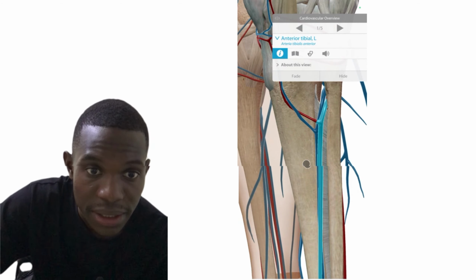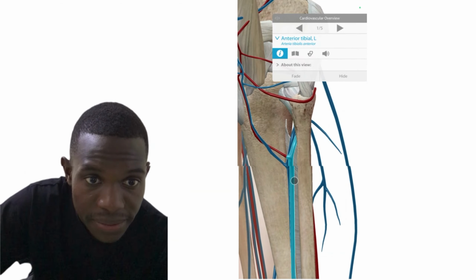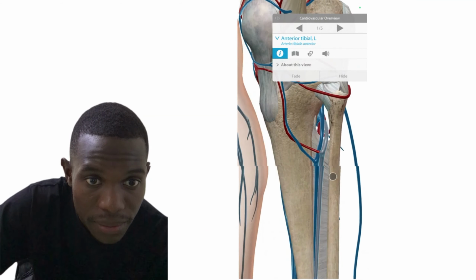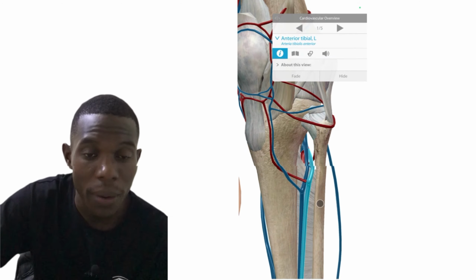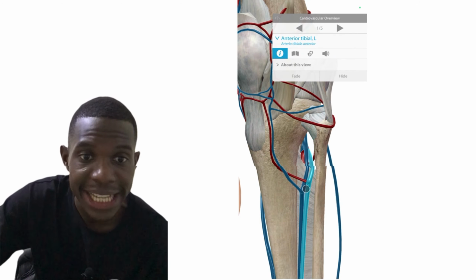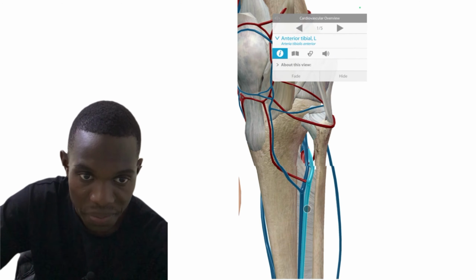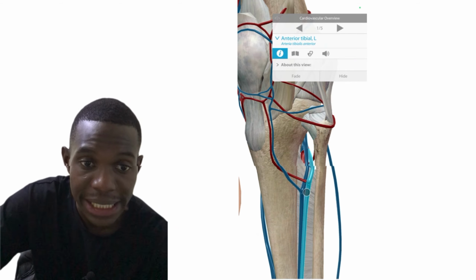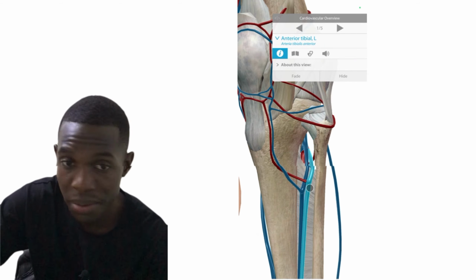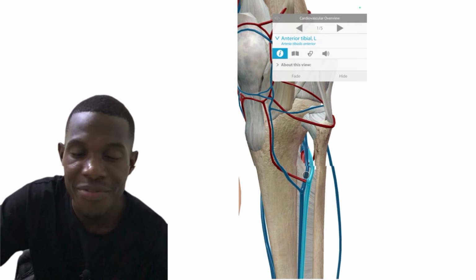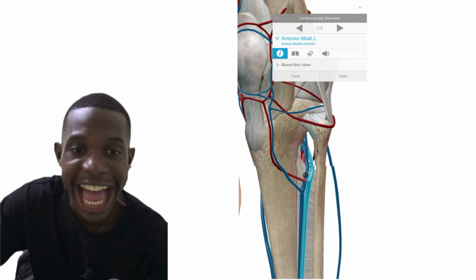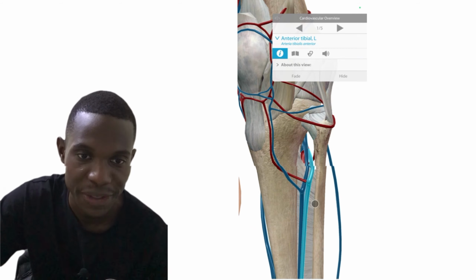As you can see, the anterior tibial artery here is going to descend down, right? It's anterior to the interosseous membrane, but more specifically, it will be lying at the floor of the extensor digitorum longus.